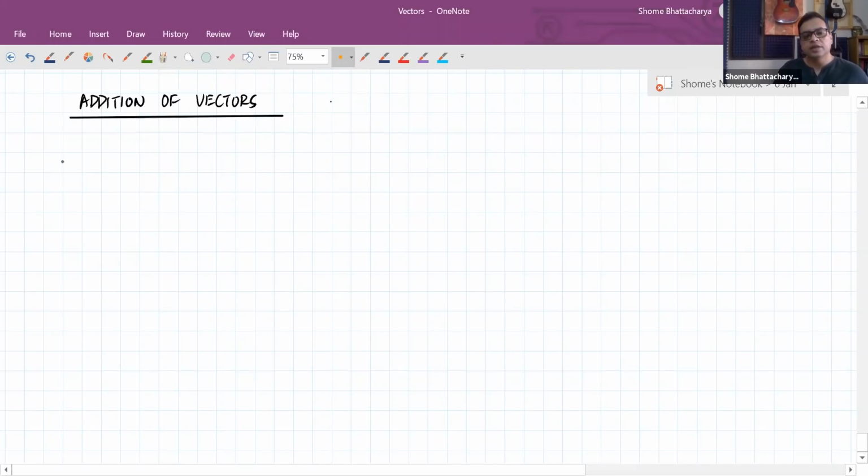So the first thing we'll look at in addition of vectors is vector addition by triangle law or parallelogram law, for the addition of two vectors.